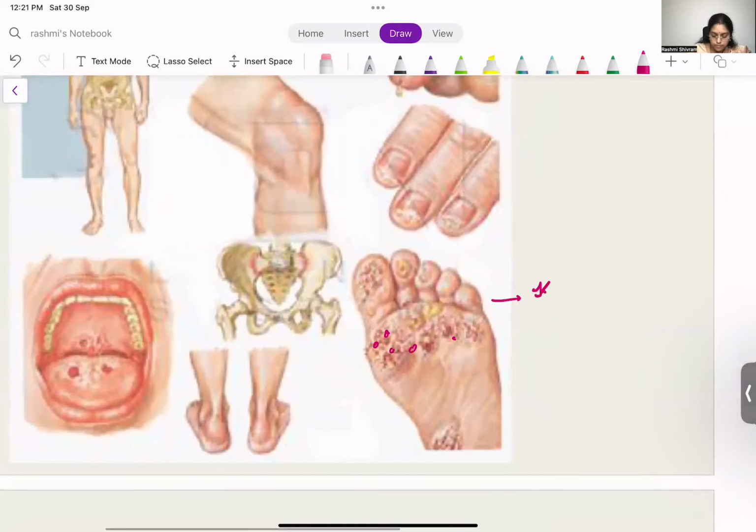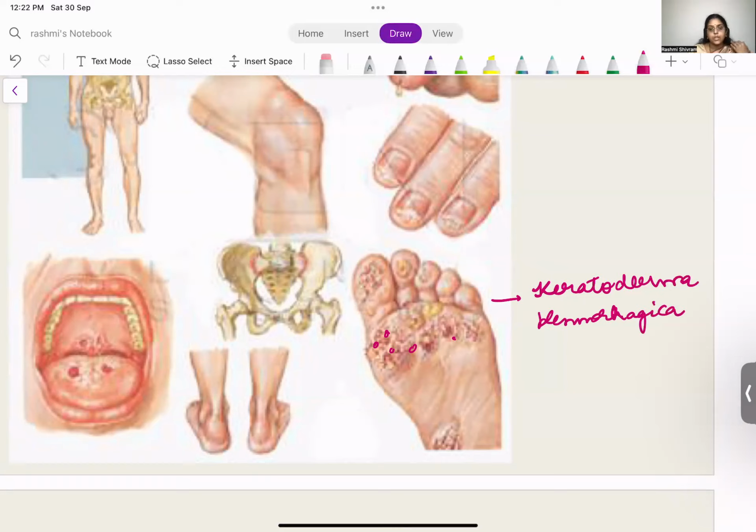Keratoderma blennorrhagicum. These are hyperkeratotic vesicles on the palms and soles. Usually the whole hand or the entire sole of the foot can be involved. Hyperkeratosis is very, very important.